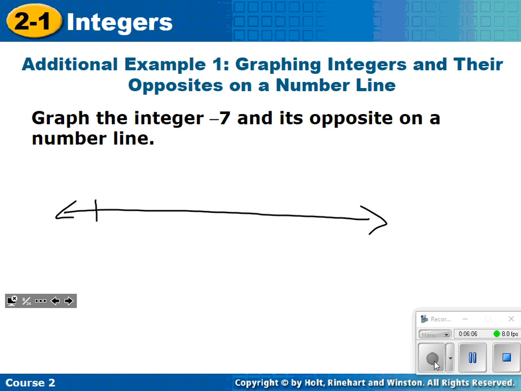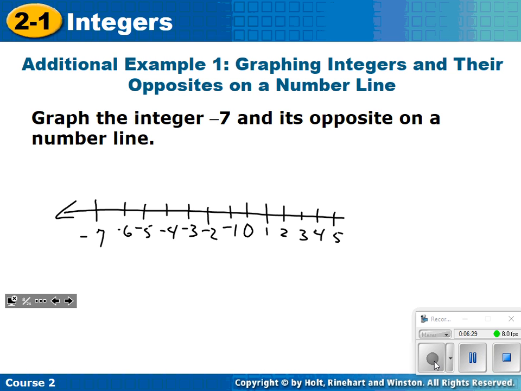I would start with -7 because that's the smallest, least value. -7, -6, -5, -4, -3, -2, -1, 0, 1, 2, 3, 4, 5, 6, 7. I'm going to run out of room. All you've got to do is put a dot at -7 and put a dot at 7.